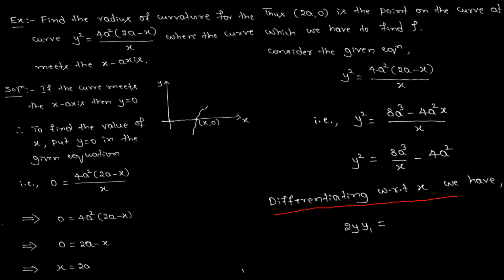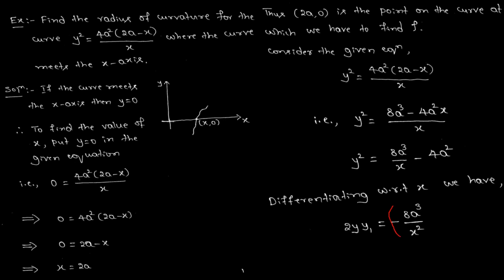Differentiating with respect to x, using the chain rule, if we differentiate y square, we get 2y into y1. Then when we differentiate the RHS part, since this is constant, we keep this as it is, and the differentiation of 1 by x will be minus 1 by x square.